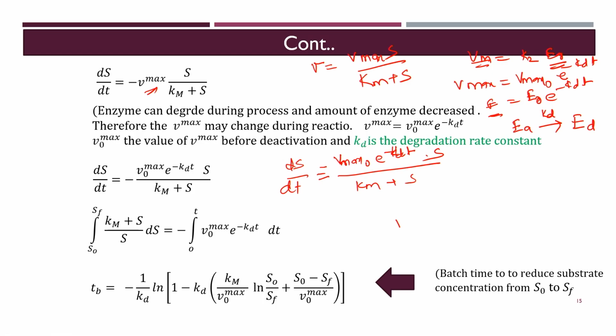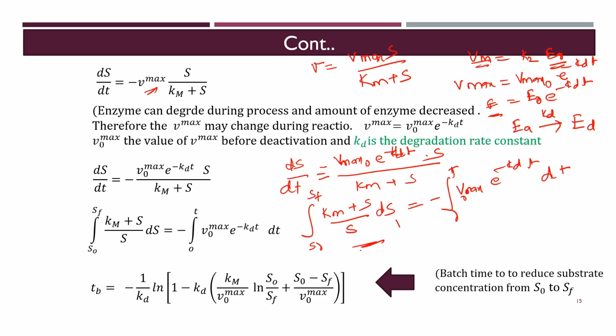Km plus S divided by S will come here, this dS. The boundary condition is S naught to Sf, this equals 0 to t, Vmax initial value into e to the power minus kd t into dt. If we integrate it, we will be getting a very simple equation.